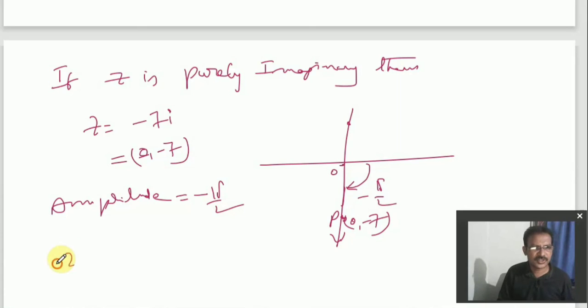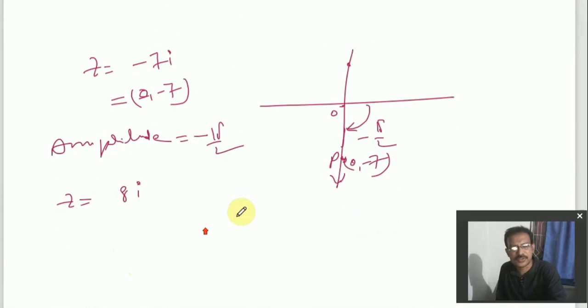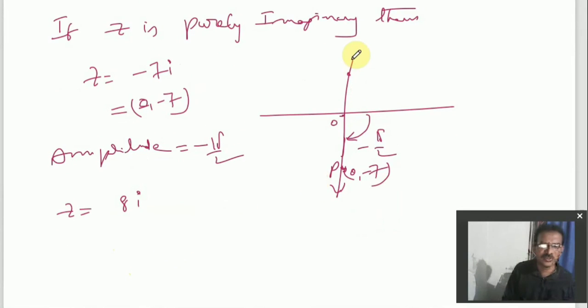Suppose z is equal to 8i, so it is on the positive imaginary axis. 8i can be written as 0 plus 8i. So the corresponding point is 0 comma 8.